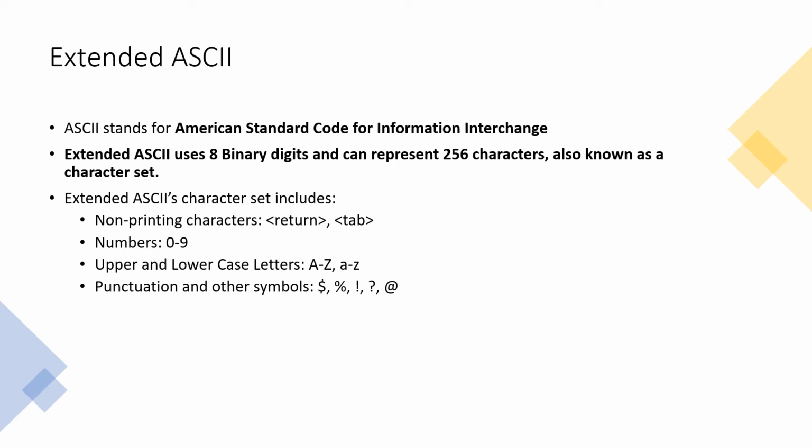We have our numbers, 0 to 9, which allows us to represent all denary numbers, regardless of how many digits make them up. And then we have upper and lowercase characters, for a total of 52. And then lastly, we have our punctuation and other symbols. As you can see, I've listed some examples there.